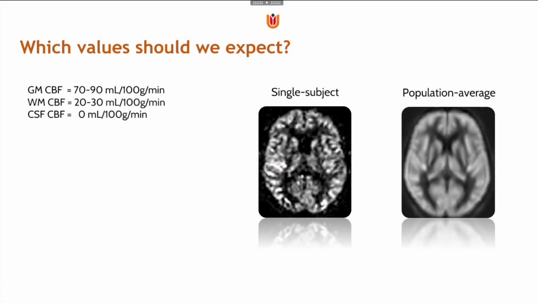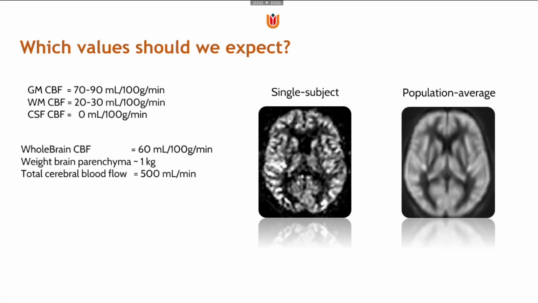So these are just some reference numbers for you to know. This is quite high, actually. ExploreASL will also give you some population averages, so you can have multiple templates, and you can even add your own atlas in the end.